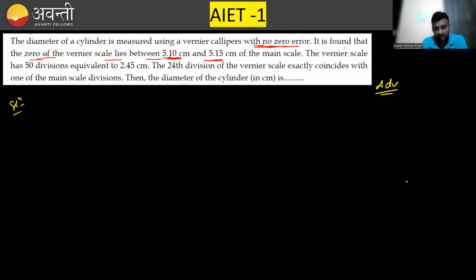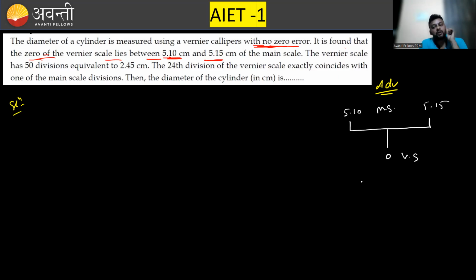If I try to draw the situation, this is the main scale. This is 5.10. This is 5.15. And the vernier scale 0 is somewhere here in between these 2 points. This is our main scale and this is our vernier scale.